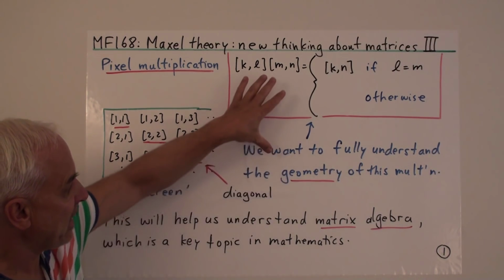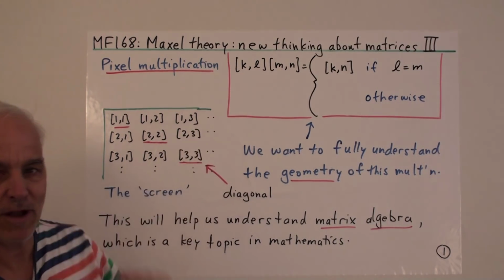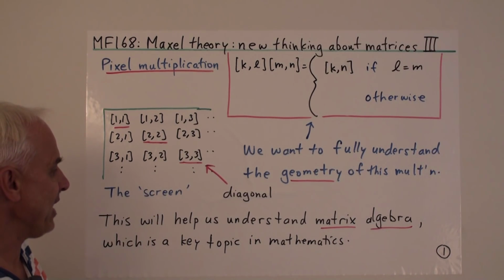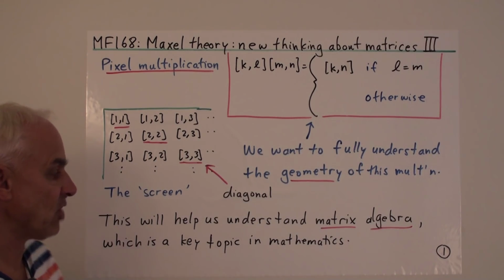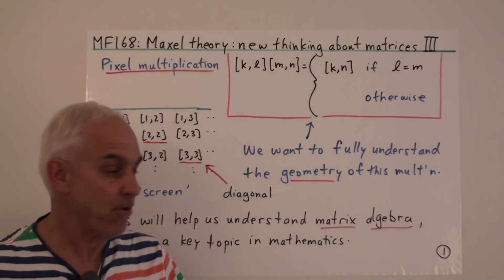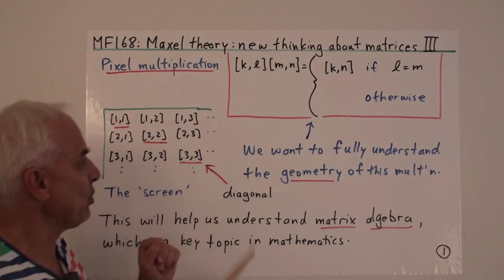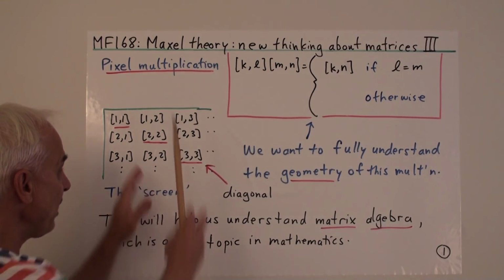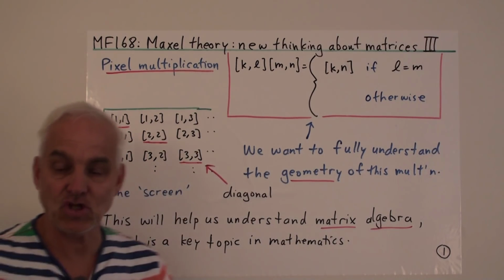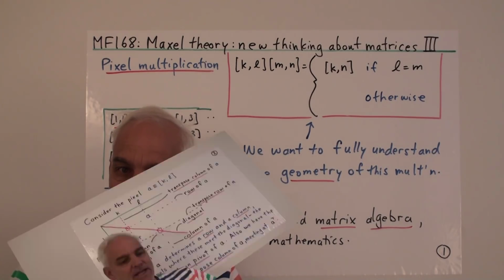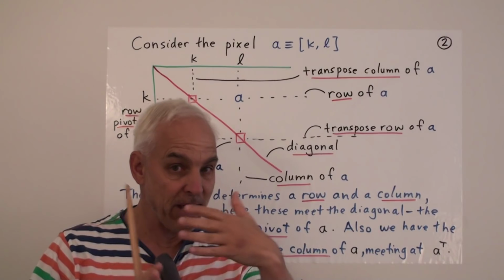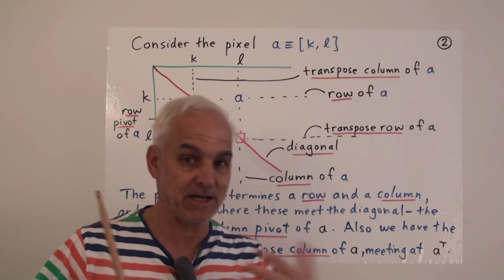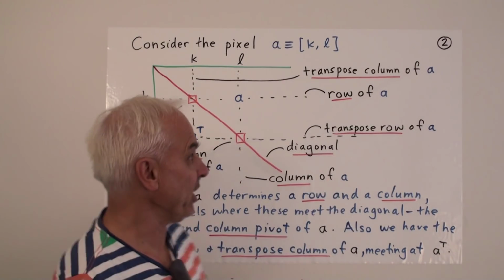Okay, we want to understand the geometry of this multiplication. And that's going to really help us understand matrix algebra, which of course is a key topic in mathematics. So today we're going to have a rather precise look at how this multiplication figures in the context of the geometry of this screen. So let's have a good look at a particular pixel and some of the geometrical aspects that it determines on our screen.